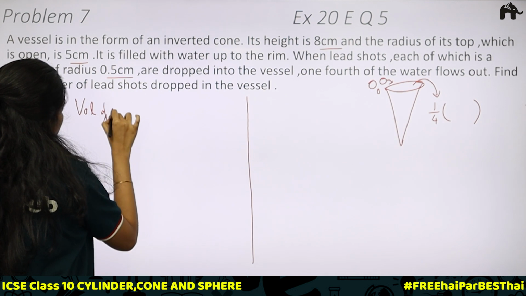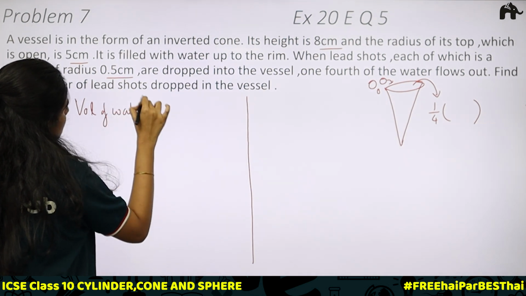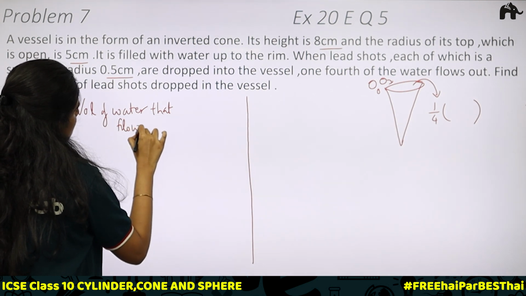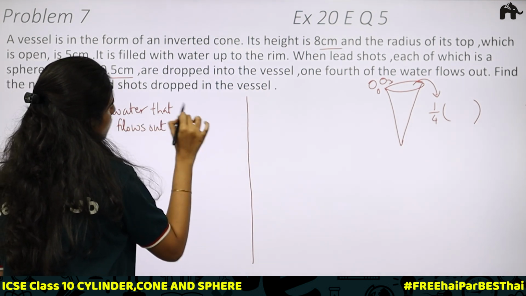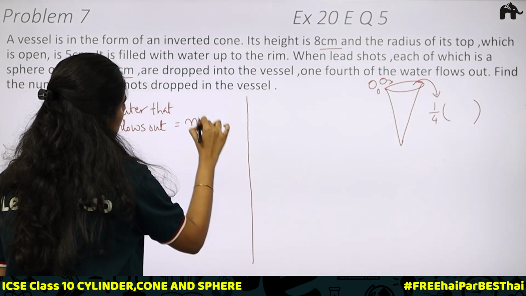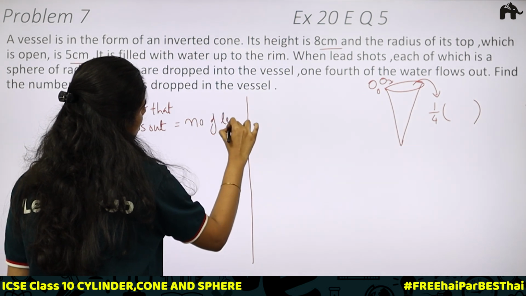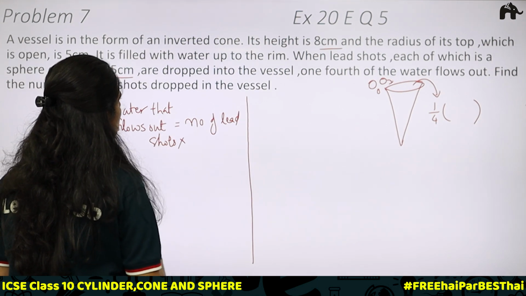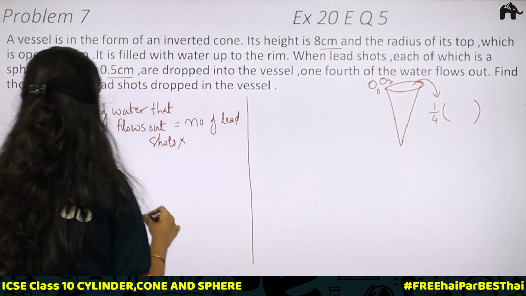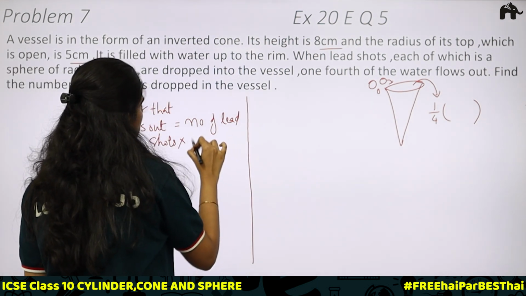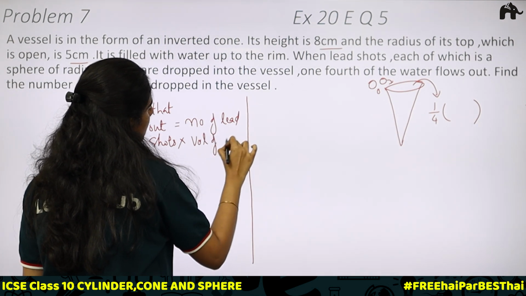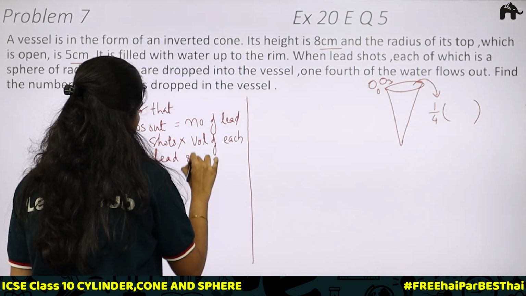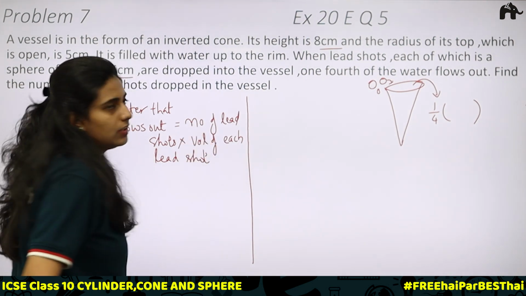So we'll have the volume of water that flows out equal to the number of lead shots into the volume of each lead shot. Okay.